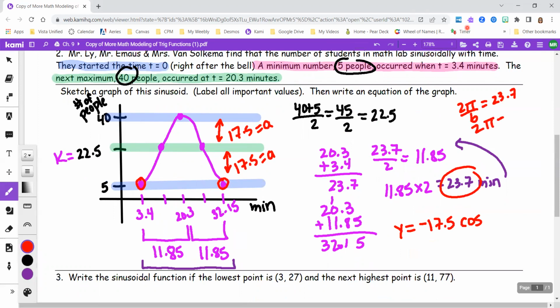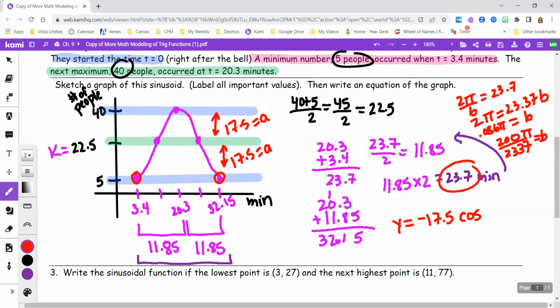So 2 pi is equal to 23.7 B. And when I do this math, I am going to get 2 pi divided by 23.7, which gave me a decimal, 0.265 or 200 over 237 pi is equal to B.